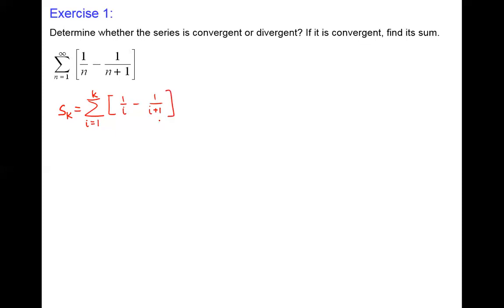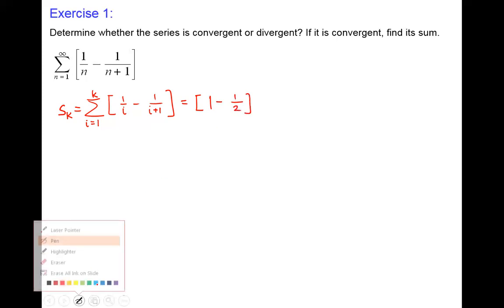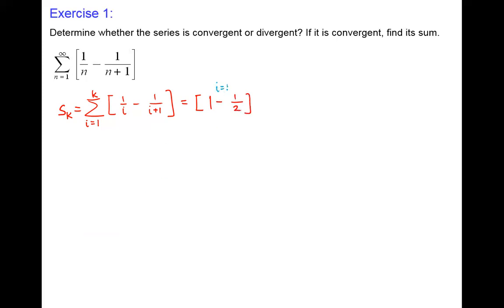Then I will expand this and try to check if I can really cancel part of one term with part of the other term. Substituting 1 instead of i, I get the first term, 1 minus 1 over 1 plus 1, which is 2. This is the term with i equals 1. And now I have another term with i equals 2, and i equals 3.